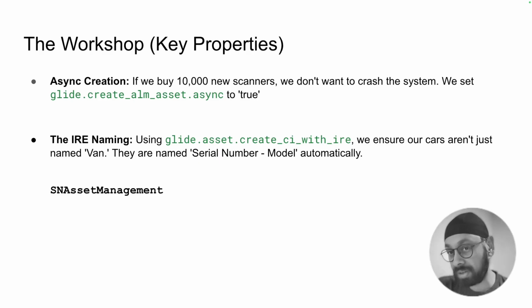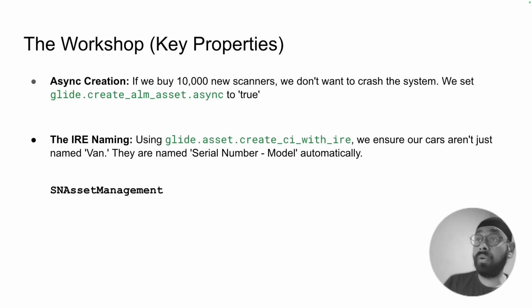It will trigger on each asset. It will create each one. What will happen on each asset? It will trigger the business rule. But if you do enable this, it will perform the asset CI creation every 15 minutes. Every 15 minutes, we have a scheduled job that runs in the background and does that. So it will not crash the system. It will not slow down the system. So this is a little trick.